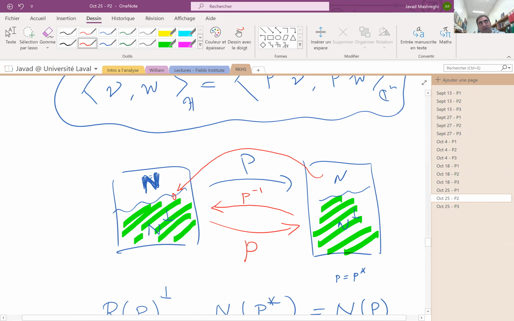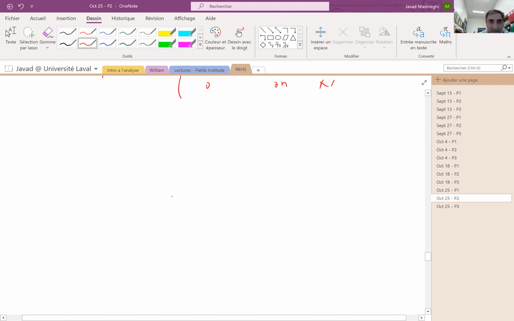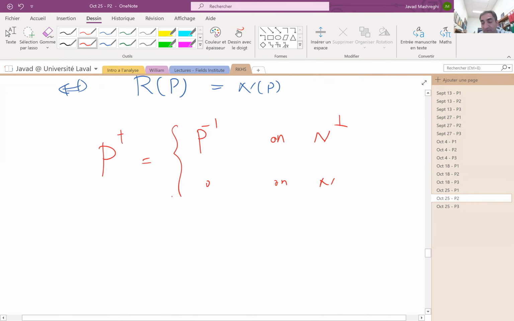It's a kind of generalized inverse or pseudo inverse. P dagger has some properties of the inverse function, and everything I did up to here, you can do it and obtain results with P dagger.